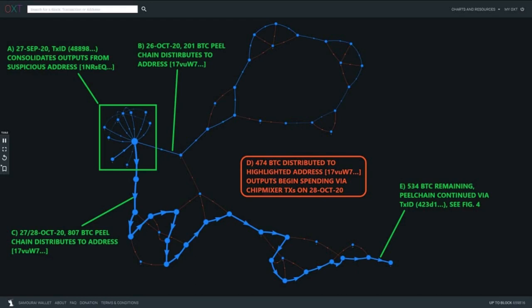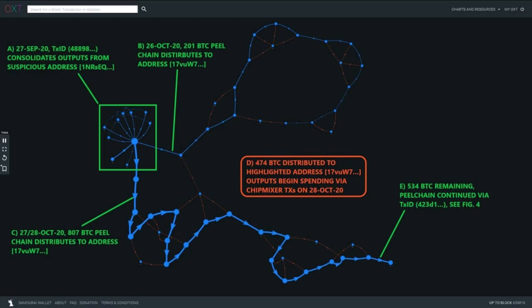What these graphs show is that the lines represent UTXOs, inputs or outputs to a transaction, and the circles represent transactions themselves.